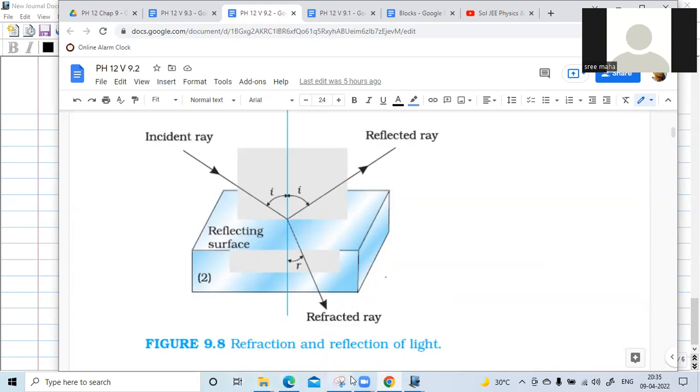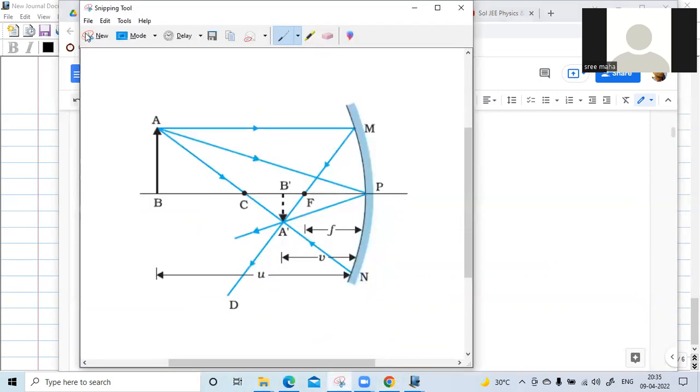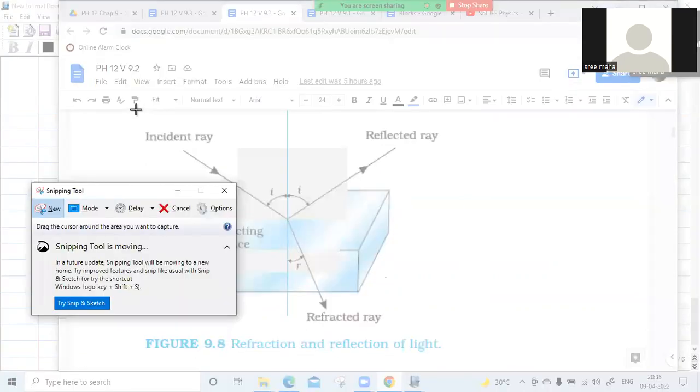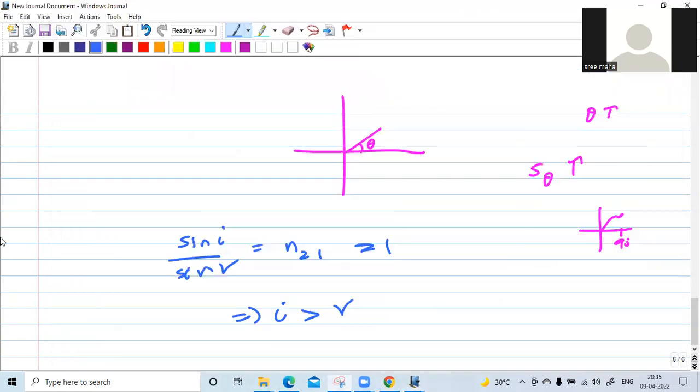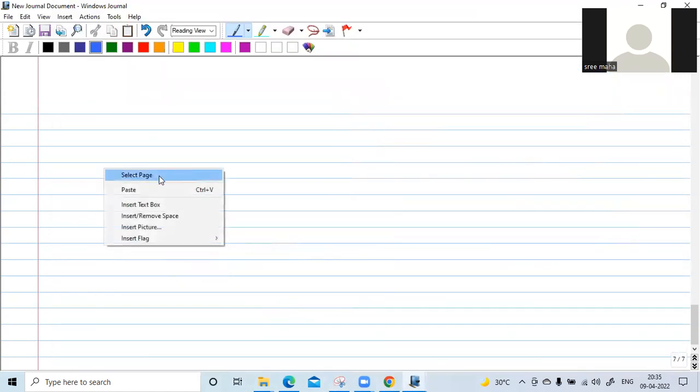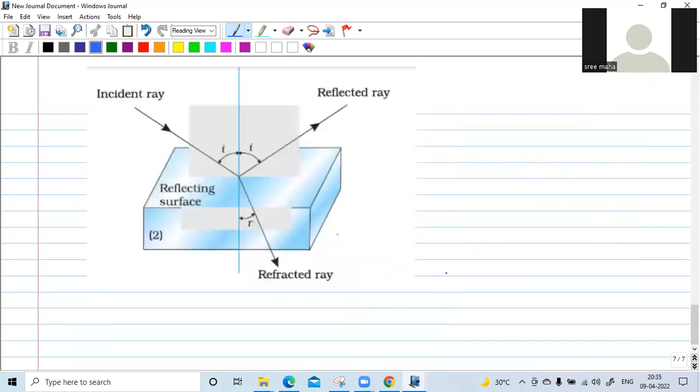And that is related to the law of conservation of energy. You take any cross section, whatever energy is flowing across this area should be the same at either instant of time when it is crossing it.